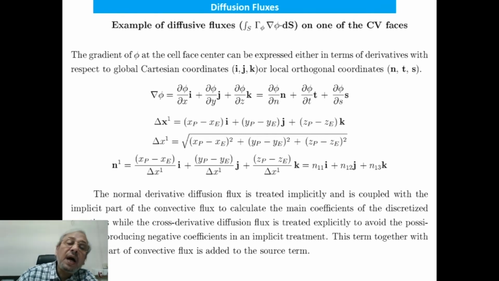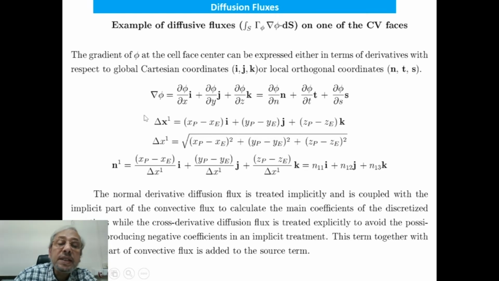So grad phi can be written as del phi del x i, del phi del y j, del phi del z k, or del phi del n into n, del phi del t into t, or del phi del s into s.